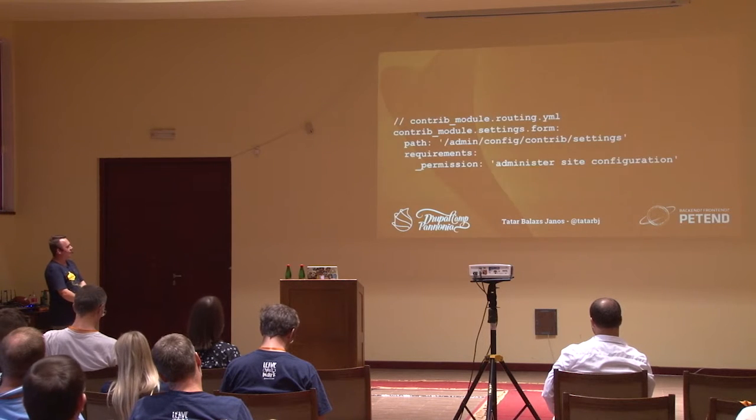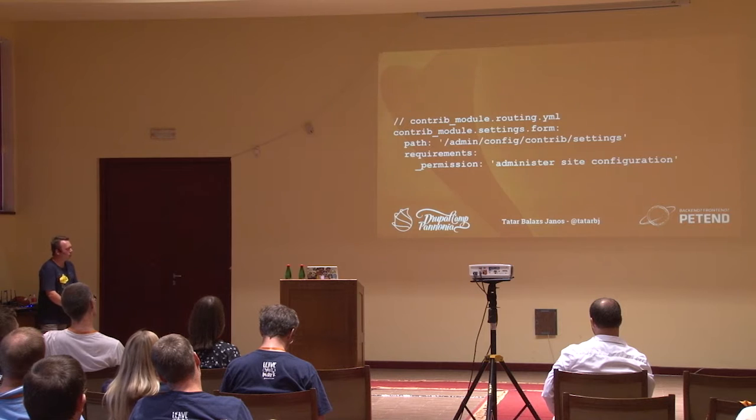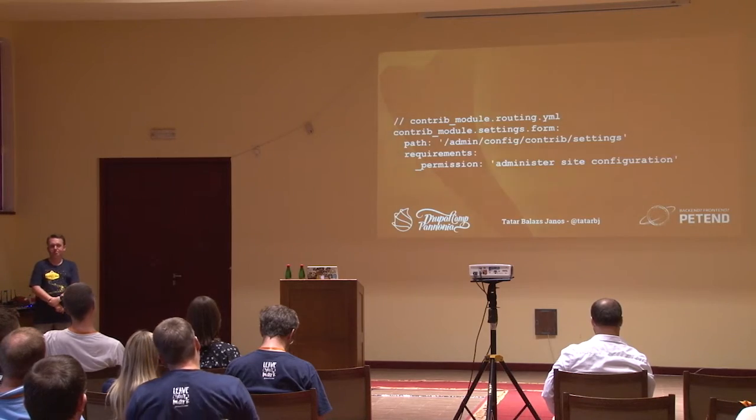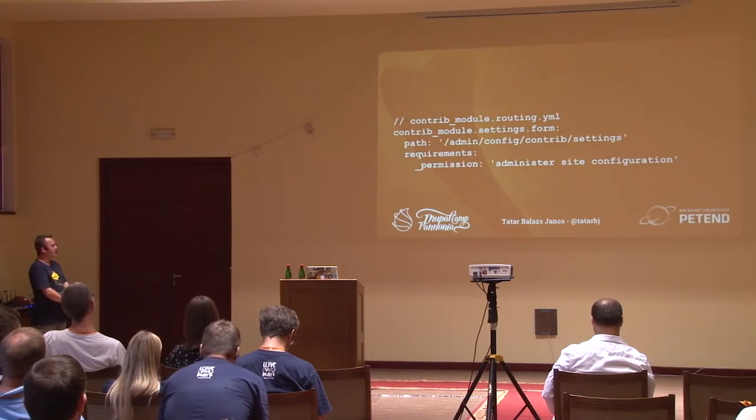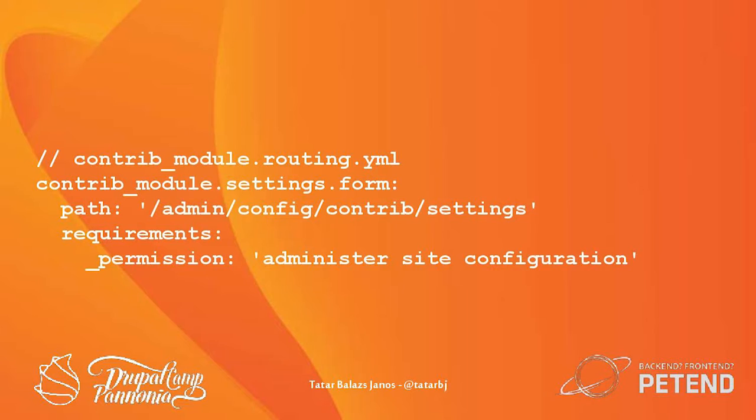Okay. Here is a very similar one. I only show the routing YAML because the administer site configuration permission comes with Drupal 8 core. The question here is, are we good like this, or should we change something or define an admin route or whatever? So the question is basically about administer site configuration.